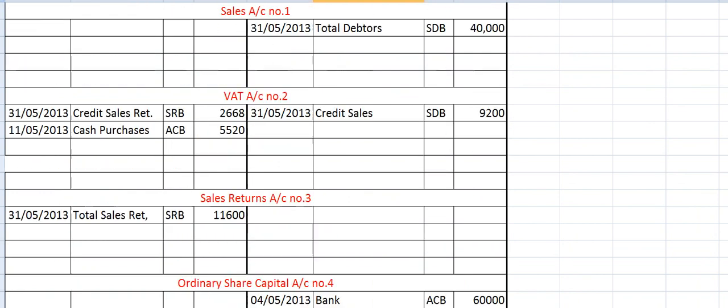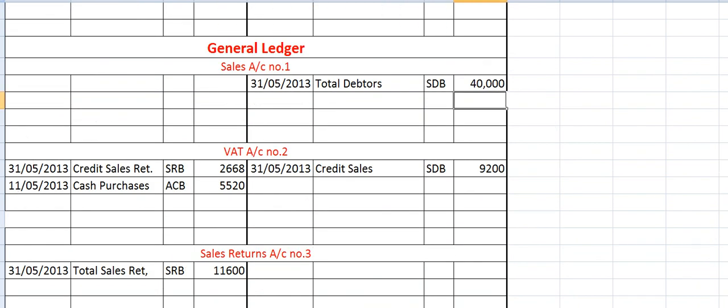The sales, 28,000, is going to go here, and the VAT down here is going to be 6,440. Okay. And that was on the 26th of the 5th, 2013. Bank, ACB. And then here, 26th of the 5th, 2013, and it's on cash sales.